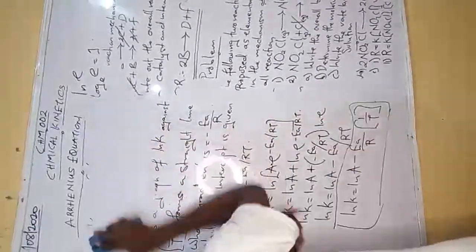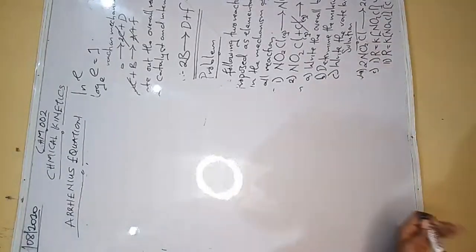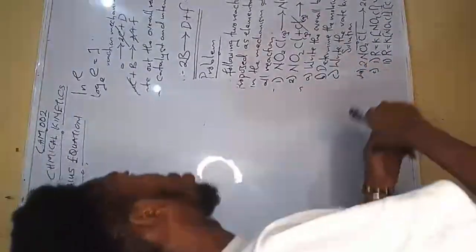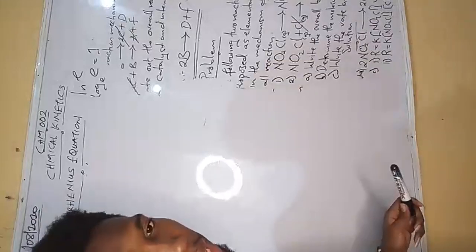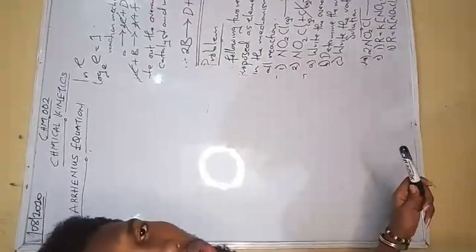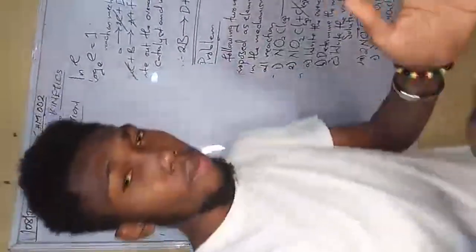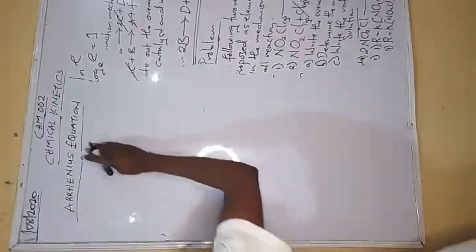So now these are some important things. Because you read that first formula, the expression for the Arrhenius equation, sometimes they like to use the equation to show the relationship between two different reaction rate constants. So you will now be having two expressions.